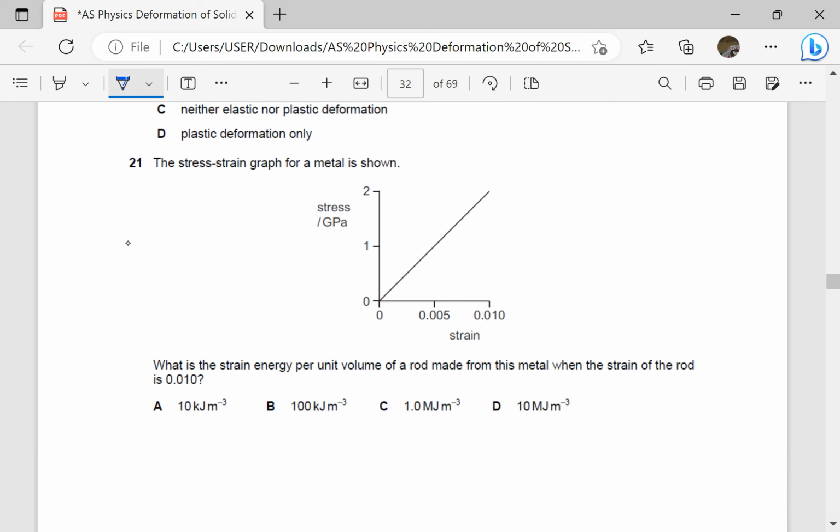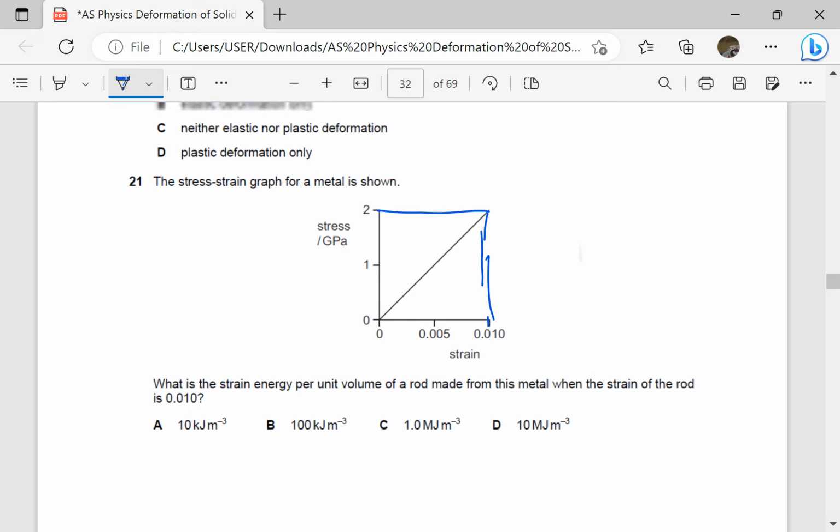The stress-strain graph for a metal is shown. What is the strain energy per unit volume of a rod made from this metal when the strain of the rod is 0.1? So when the strain is 0.1, the stress is going to be 2.